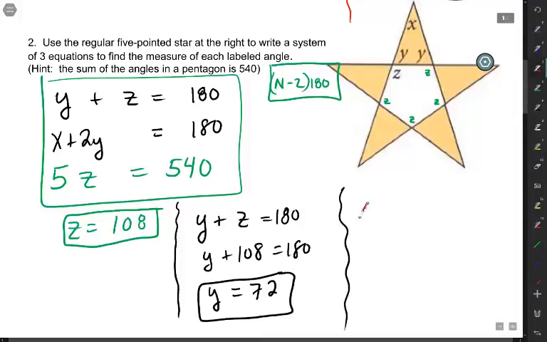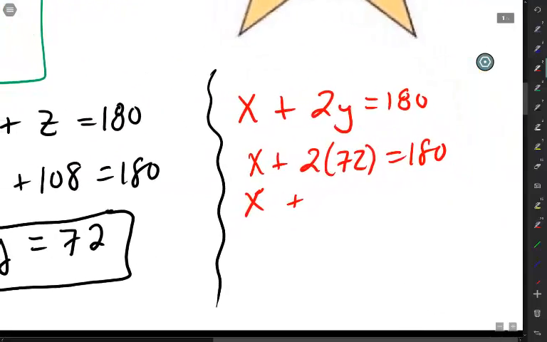All right, now let's solve for, what do we need? X. So I'm going to use the second equation. X plus 2y equals 180. So x plus 2 times 72 equals 180. What's 2 times 72? Can you do it in your head? 144.